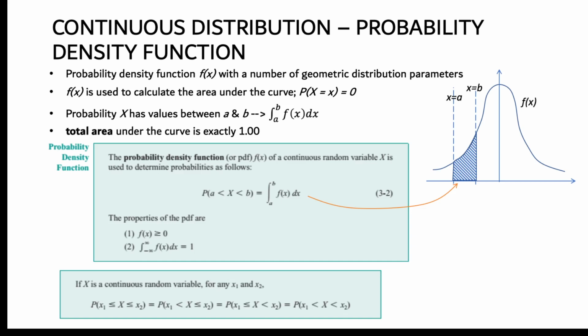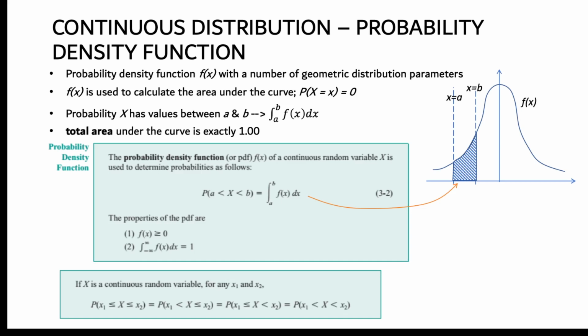So it is the area under the curve that represents the probability. Another feature of the PDF is that the total area under the curve is exactly 1, which means that as in random sampling, we will definitely get one random x value.